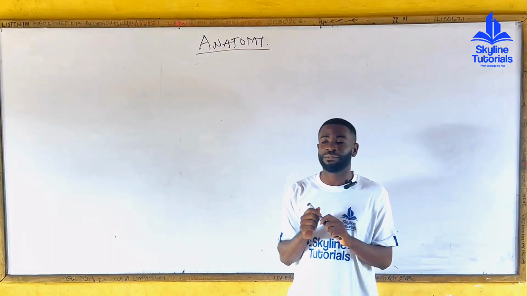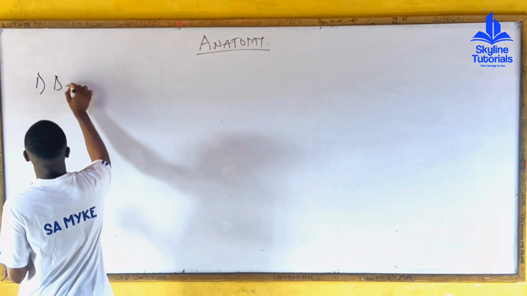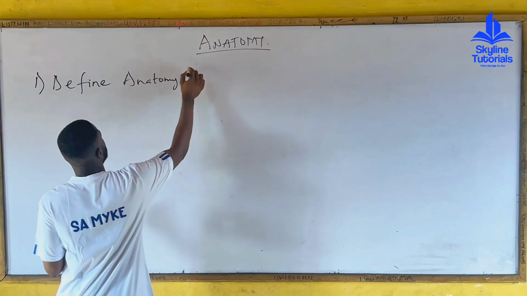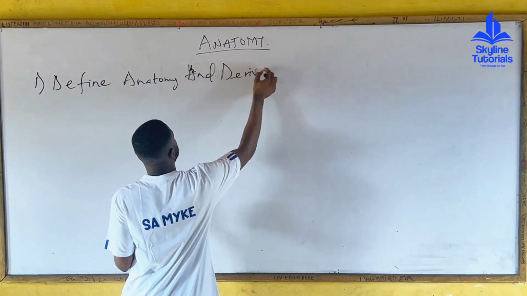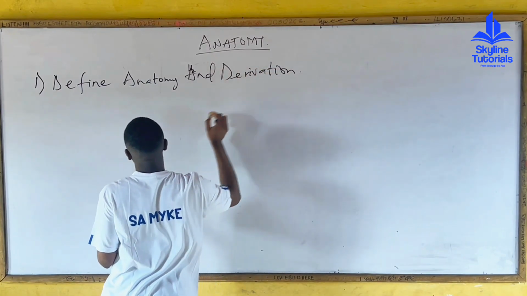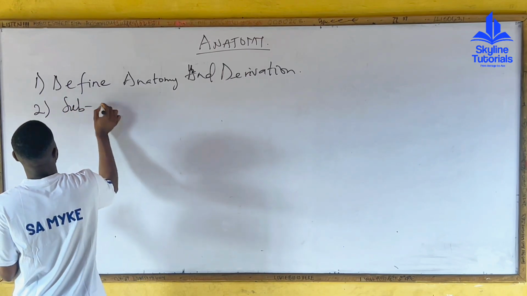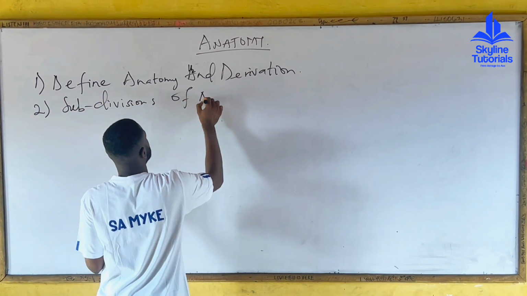So the objective of this class is to, one, be able to define anatomy and derivation. The second is to note the subdivisions of anatomy.